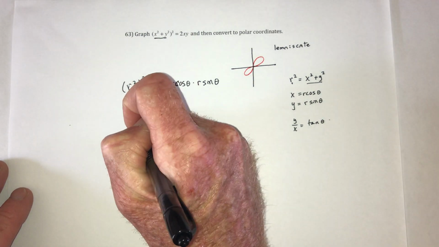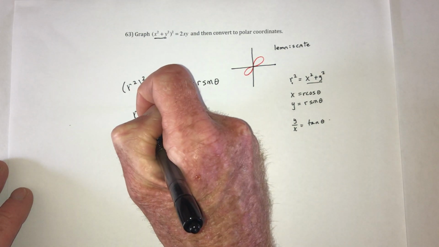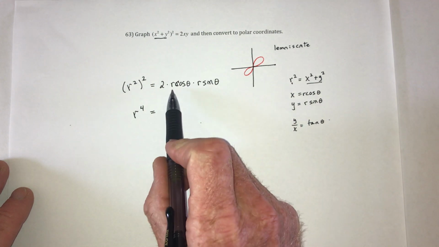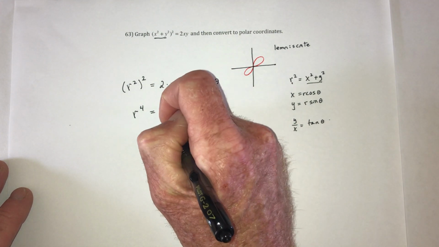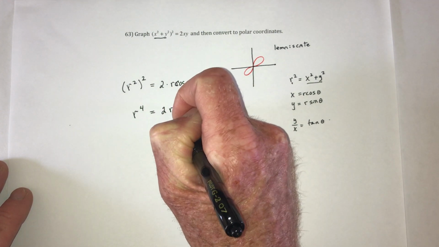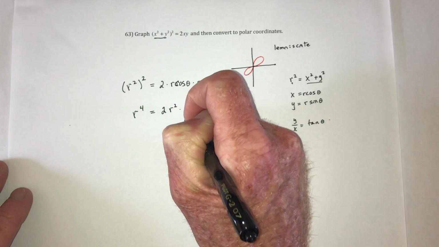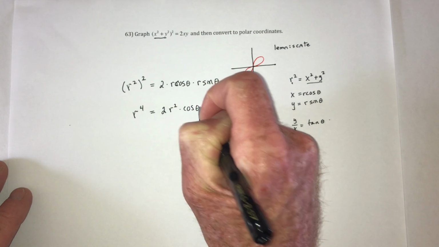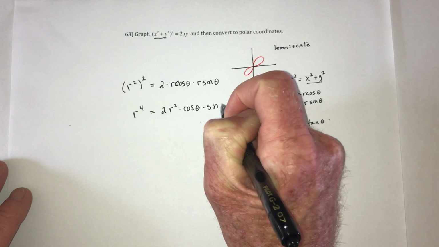And then this could be simplified. This would be r to the 4th. This has an r times an r, so there's 2r squared times cosine theta times sine theta.